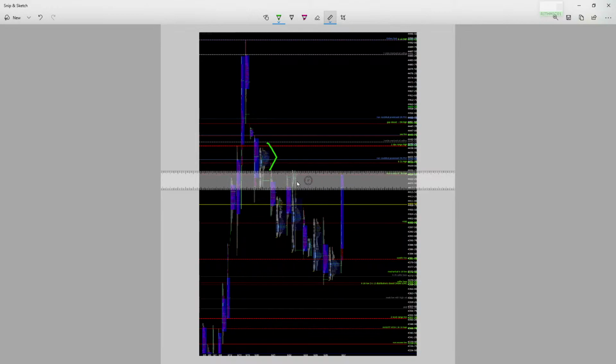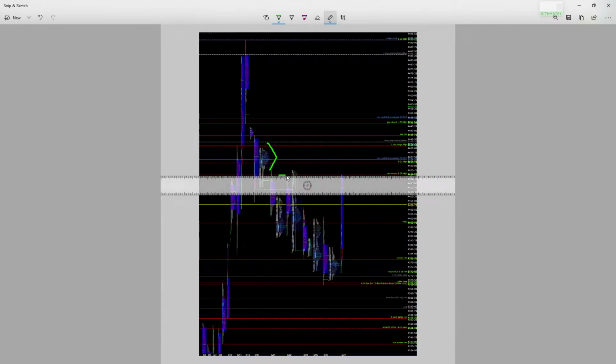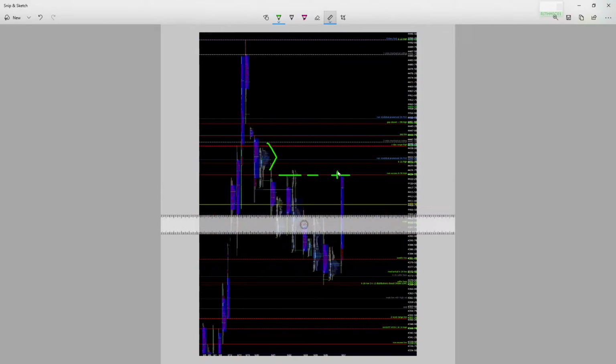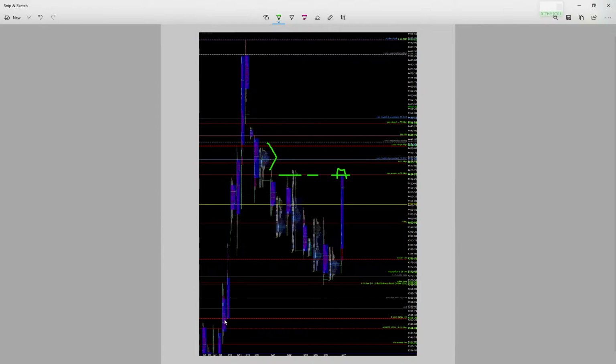The matching highs here. Notice all the matching highs here, and the lack of excess here on the upper side. Also, there's no excess here and no excess here, these days, in back-to-back days.